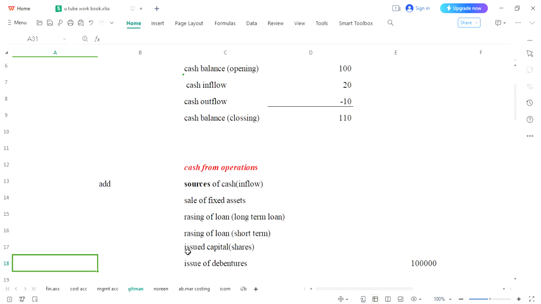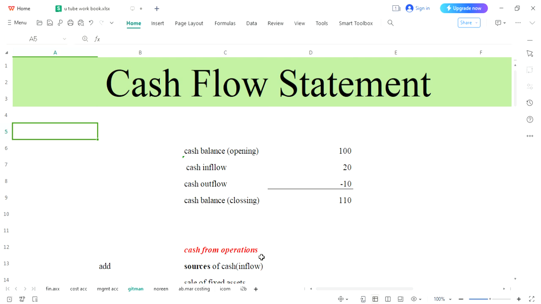All right. And in previous lectures, we were continuously sharing that cash from operation would be discussed in the next class. Now, here we are going to understand how cash will come from operations or cash will go out during operations.